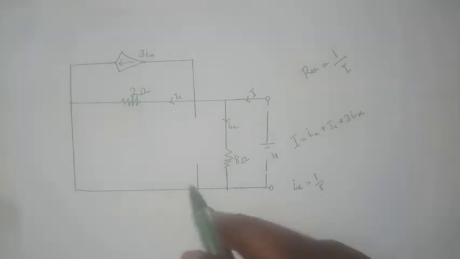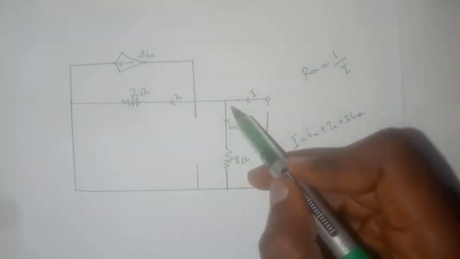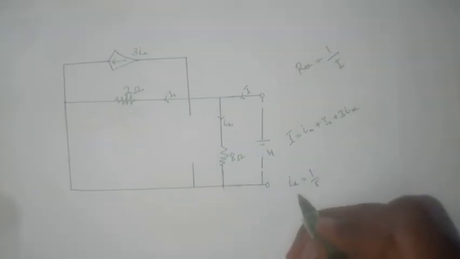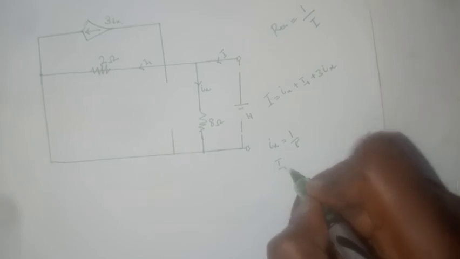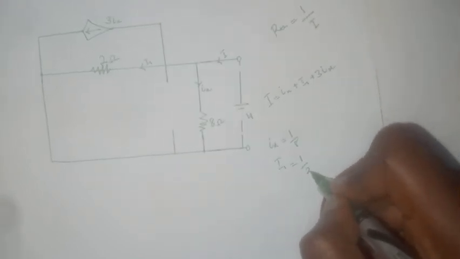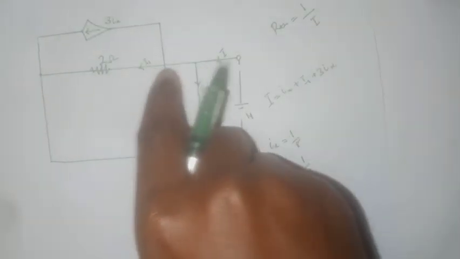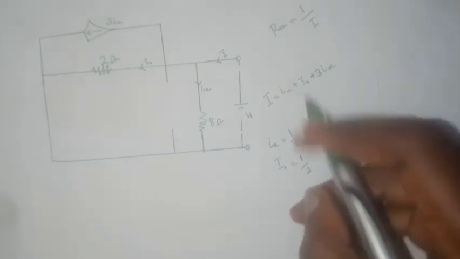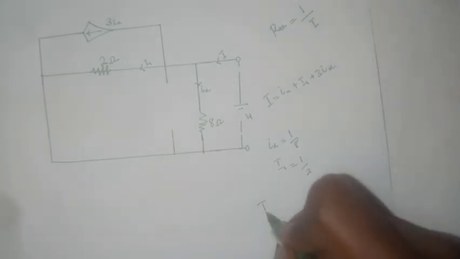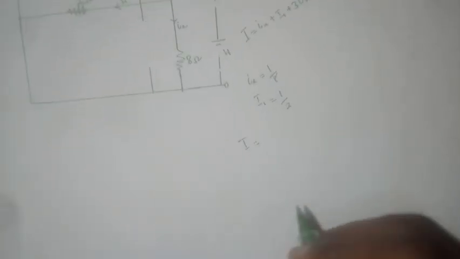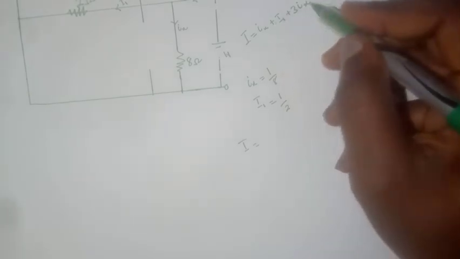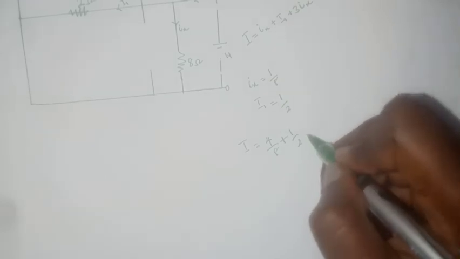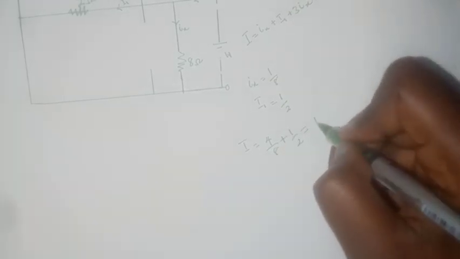Since this is also connected across the 1 volt power source, I1 is equal to 1 over 2, that is voltage over resistance. Then we can say that I is equal to 4Ix, so 4 over 8 plus 1 over 2, and that would be equal to 1.